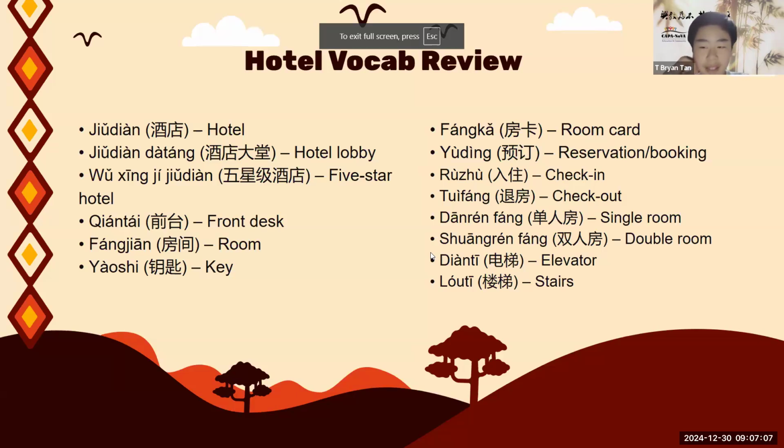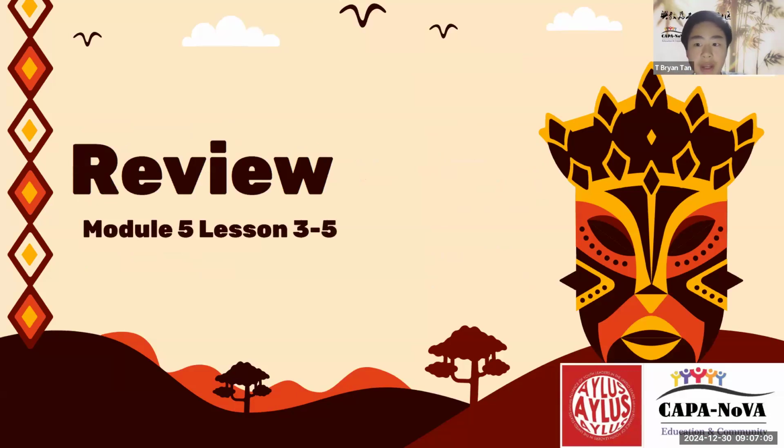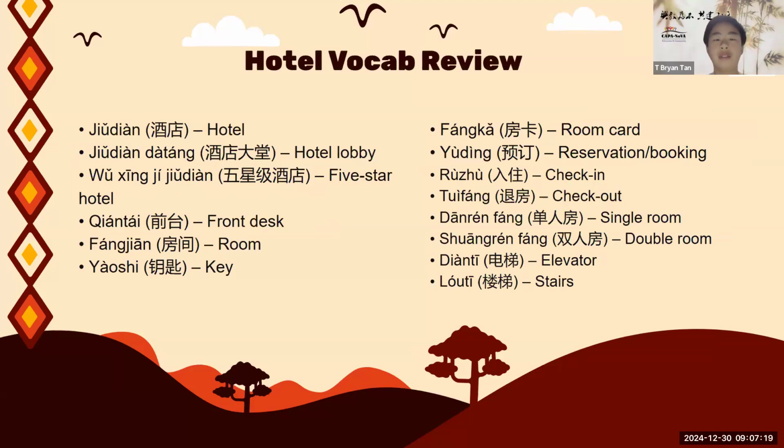The bulk of this lesson today is going to be review because there aren't that many new terms. This is review for module 5, lessons 3 to 5. Hotel vocab: 酒店 is hotel.